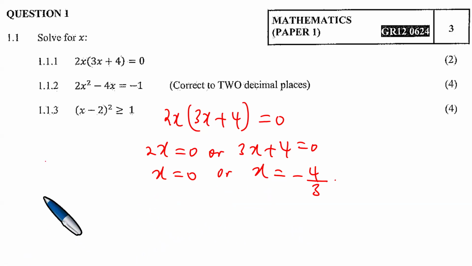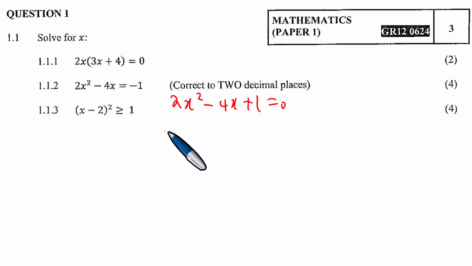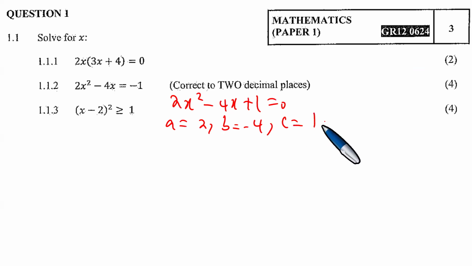Next question is 1.1.2, and we're given 2x² - 4x = -1. Right, so we have 2x² - 4x + 1 = 0, which means a is 2, b is -4, c is 1.